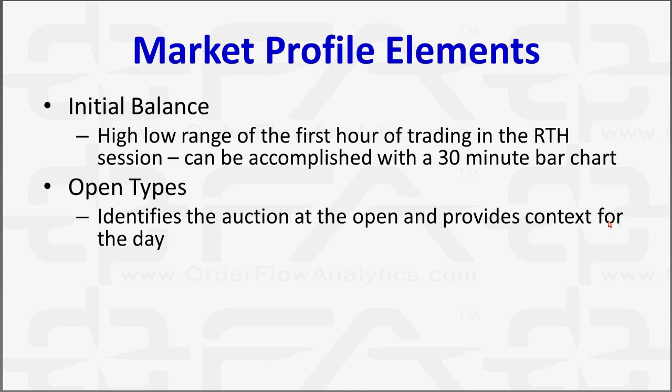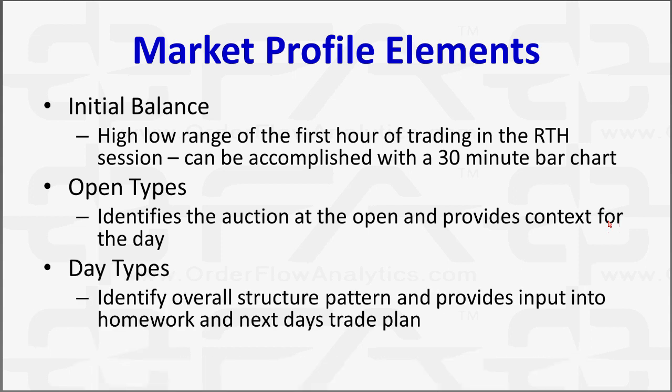An open drive is where there's very limited trading to one side of the open and strong trading, which we could see in the print and in the momentum and volume clusters, to the other side. Open test drives are another type. There are several different open types that provide context for the day. And then day types identify context for the overall structure and pattern of the market.